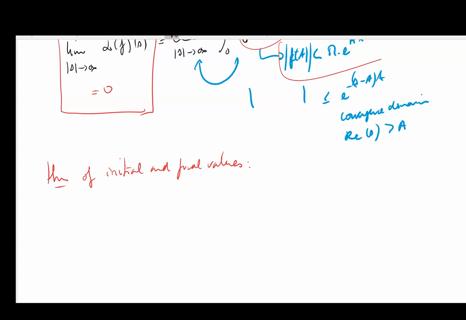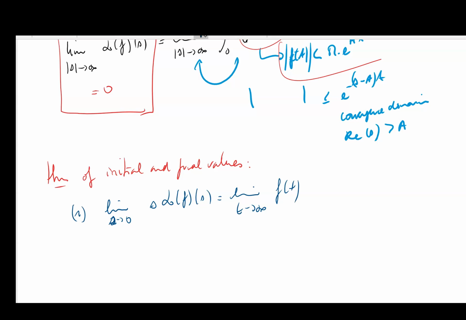It says that the limit as s tends to 0 of s times the Laplace transform of some function of s is equal to the limit as t tends to infinity of your function of t.